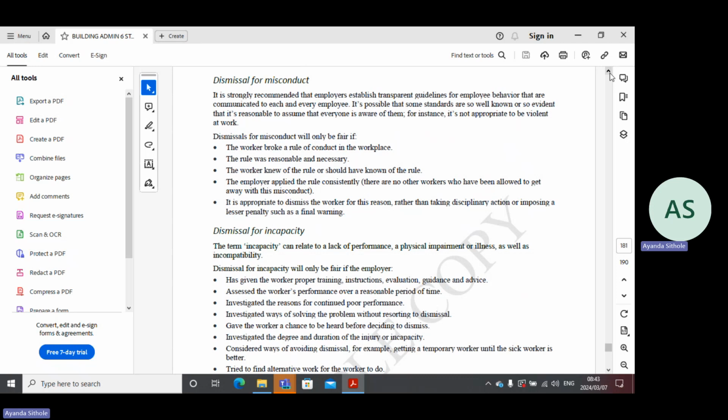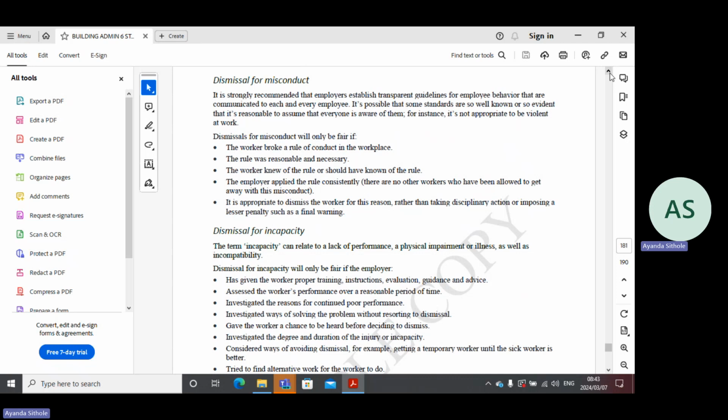Then we also have dismissal for incapacity, which will only be fair if the employer has given the worker proper training, instruction, evaluation, guidance, and advice. So, guys, these are dismissals for incapacity.